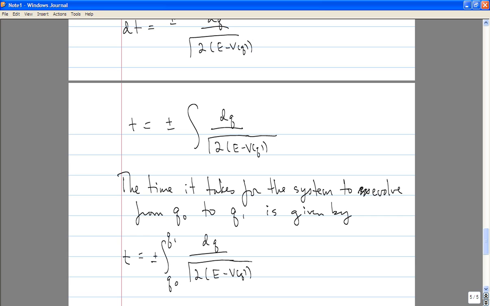So this explicitly allows me to solve for t as a function of q.